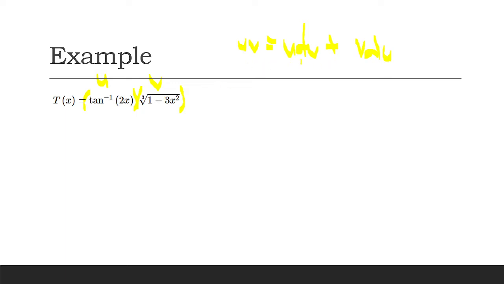However, makikita natin that the functions u and v are both complicated because tangent to, tama, arctangent, but may inside function tayo. We also have this one, this is just power rule, but may inside function tayo. So, in short, sa pagkuha ng u dv plus v du natin, we need to apply chain rule. Ganun yung gagawin natin ngayon.